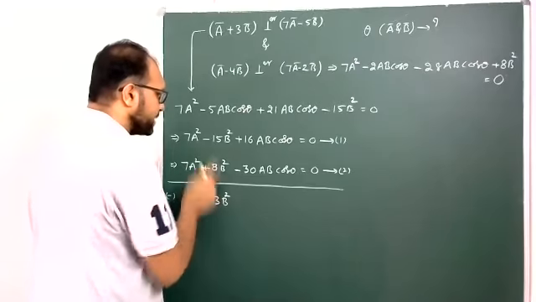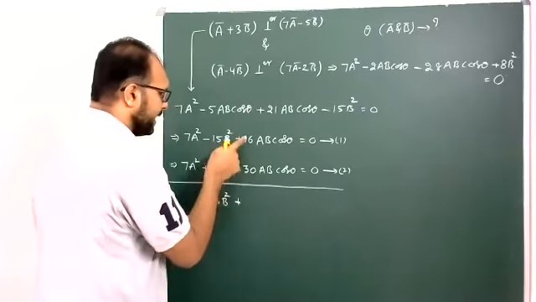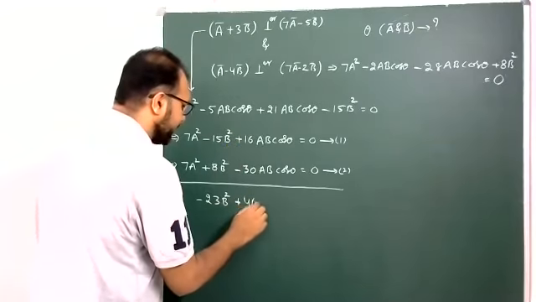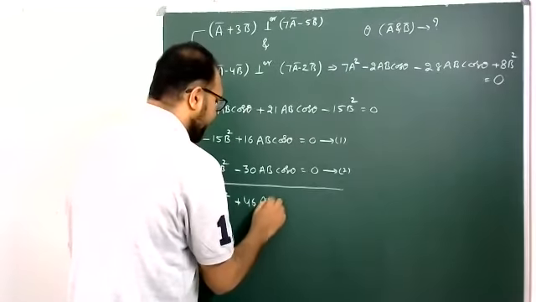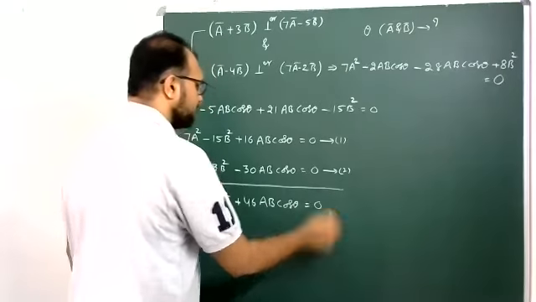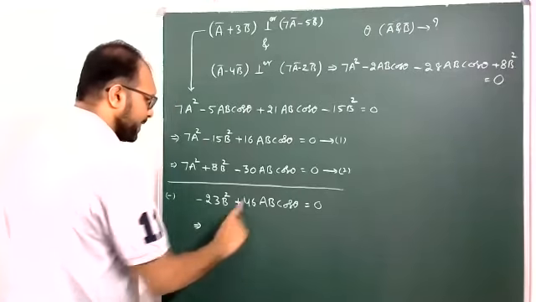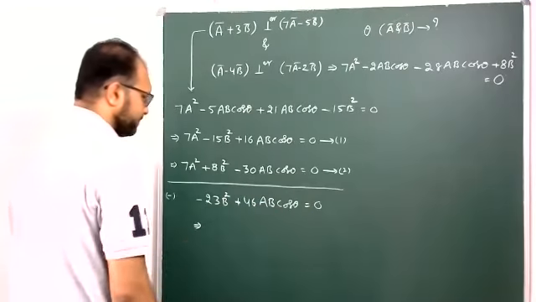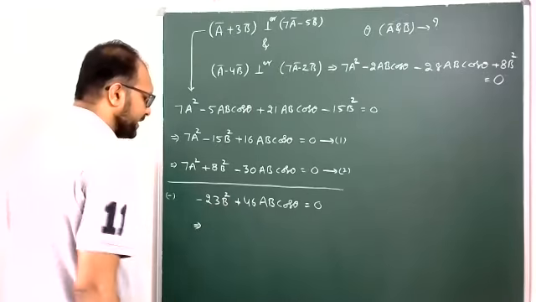Minus 23B square plus 30, 16, 46 AB cos theta equal to 0. So then students, here send this term to that side. Minus cancelled. 23 to 46.